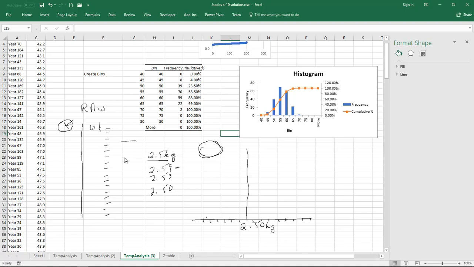And what we're going to do is, if we count up from 2.50 kilograms, this is 01, 02, 03, 04, 05, 06, 07, 08. Okay, so that's 2.58 kilograms up here. Just to give you an idea, 1, 2, 3, 4, 5, 6, 7, 8.